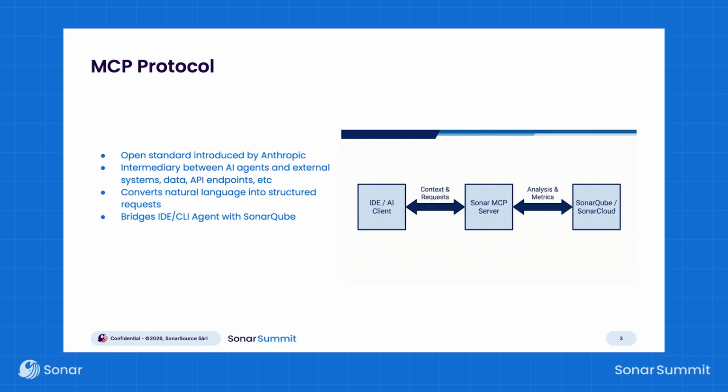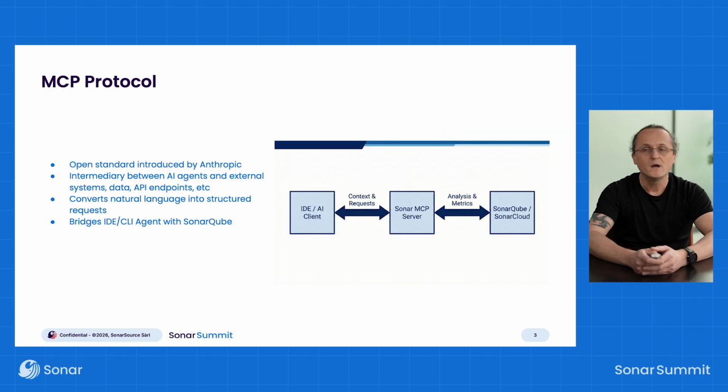So moving on to the MCP protocol itself, it's an open standard that was introduced by Anthropic. There are a number of available MCP servers with various capabilities. Effectively, it's a bridge, an intermediary between a user and some kind of external system that could have some kind of data, could have API calls, it could be even a flat text file.